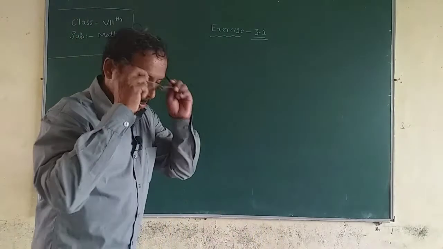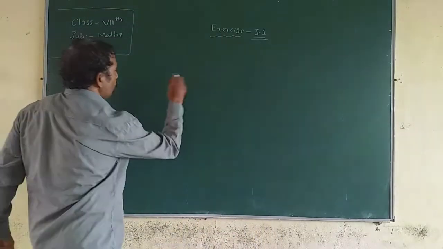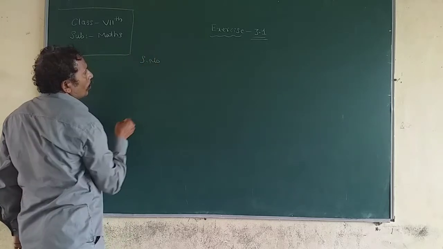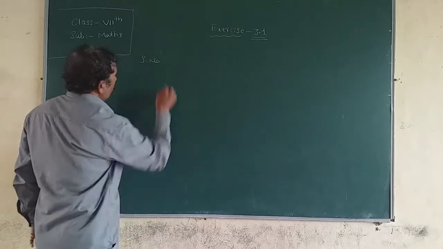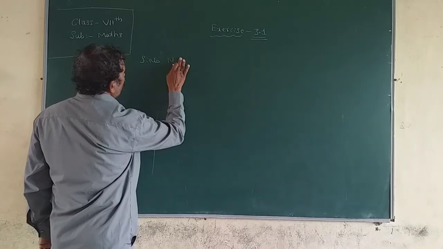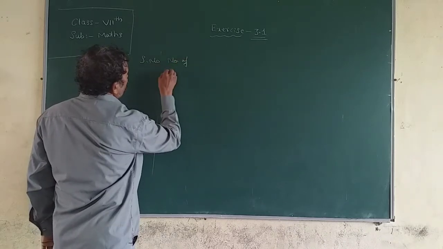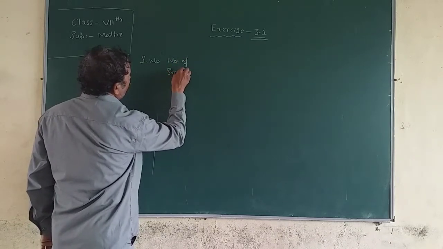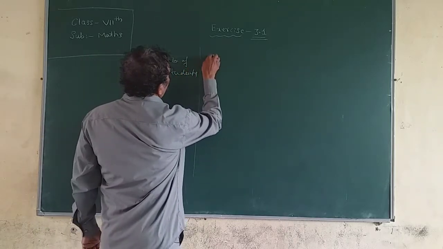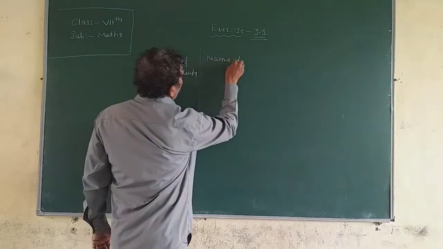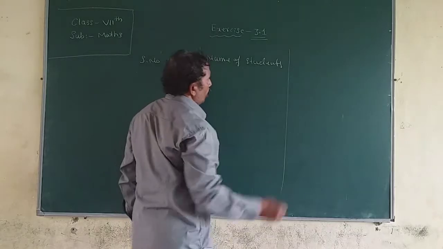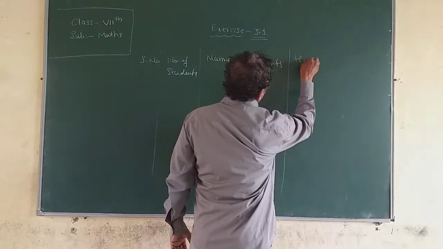Students, first serial number, then number of students, then name of students, then heights.